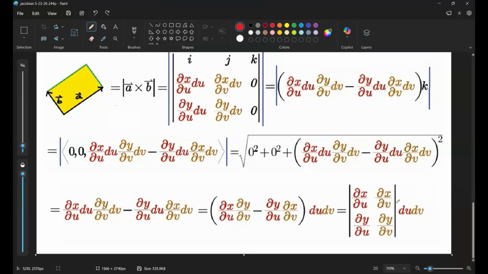It's convenient to package it, though, as a determinant of a 2x2 matrix, because most everybody knows a determinant would be this times this minus this times this, which is exactly what this happens to be. And that is the Jacobian. One thing I would like to say real quick, though, is you do want to have the denominators lined up vertically.